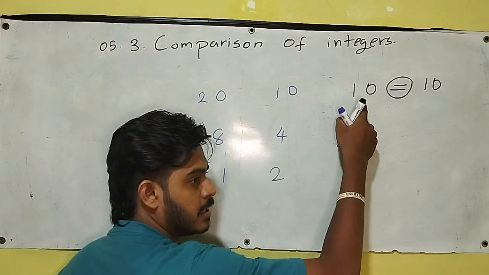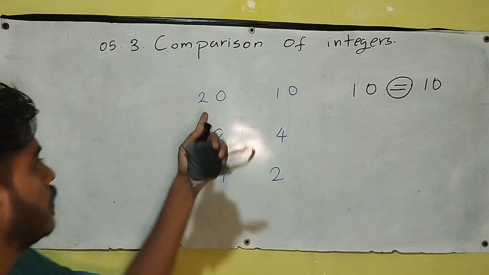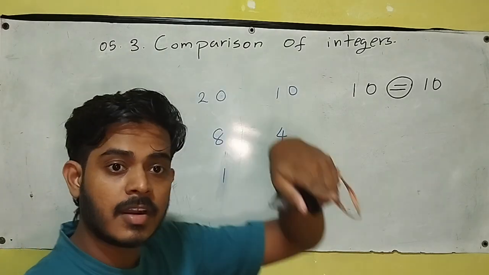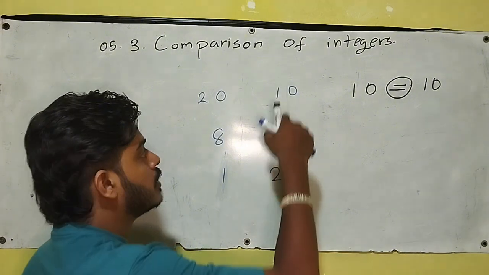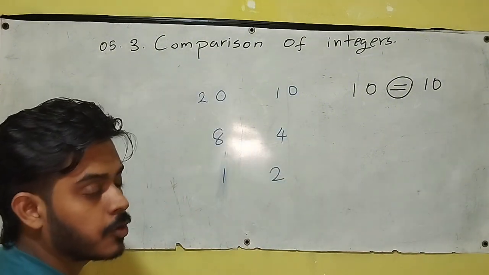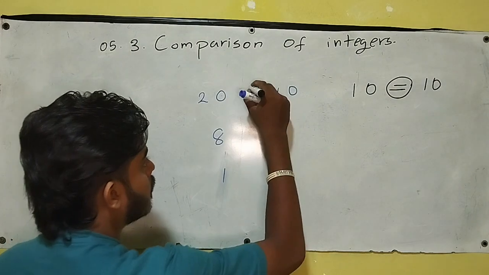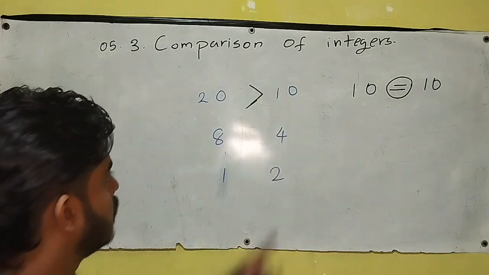On this side equal to this side. But this side, what happened? This side, what? Larger, greatest or bigger. This side is smaller. Then what happened? How to put the inequality sign? Like this. Why?